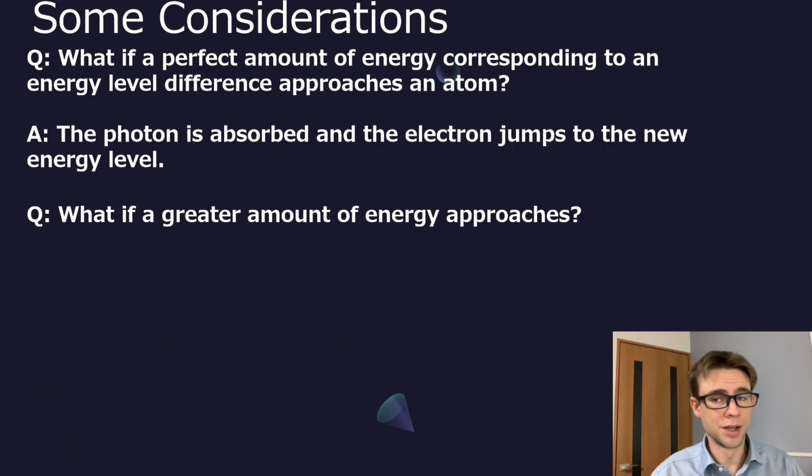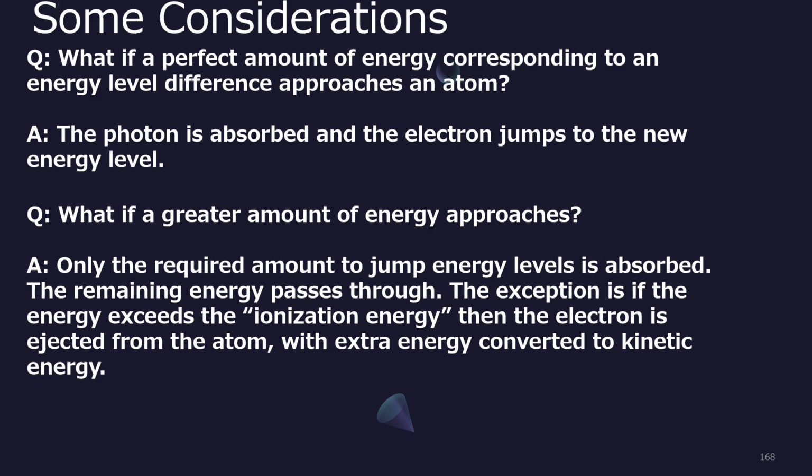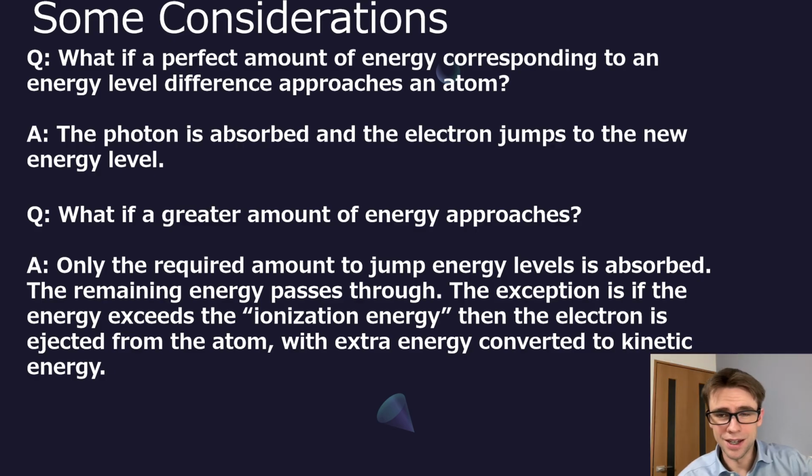Okay, what if a greater amount of energy approaches, greater amount than we need? Well, only the required amount to jump energy levels will be absorbed. The remaining energy passes through and likely will have a wavelength increase and a frequency decrease to compensate for that loss in energy. One exception, though, is if the energy exceeds the ionization energy.